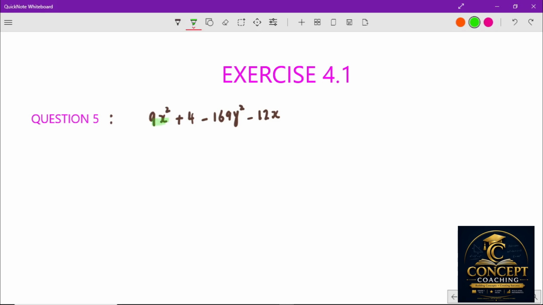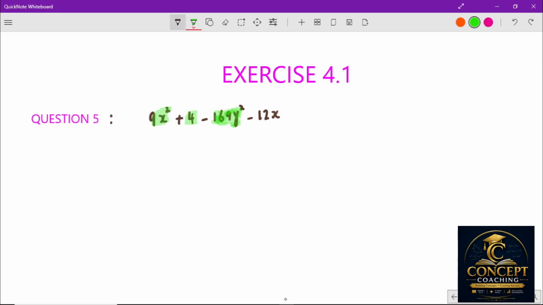The first value 9x square is the square of 3x, and this minus 169y square is also a square of 13y. So this is also a square, and this 4 is also a square.